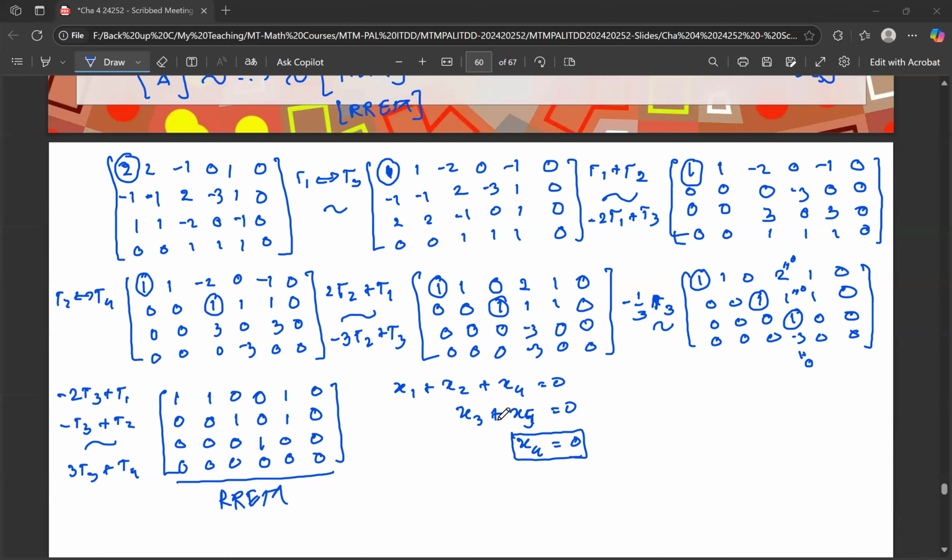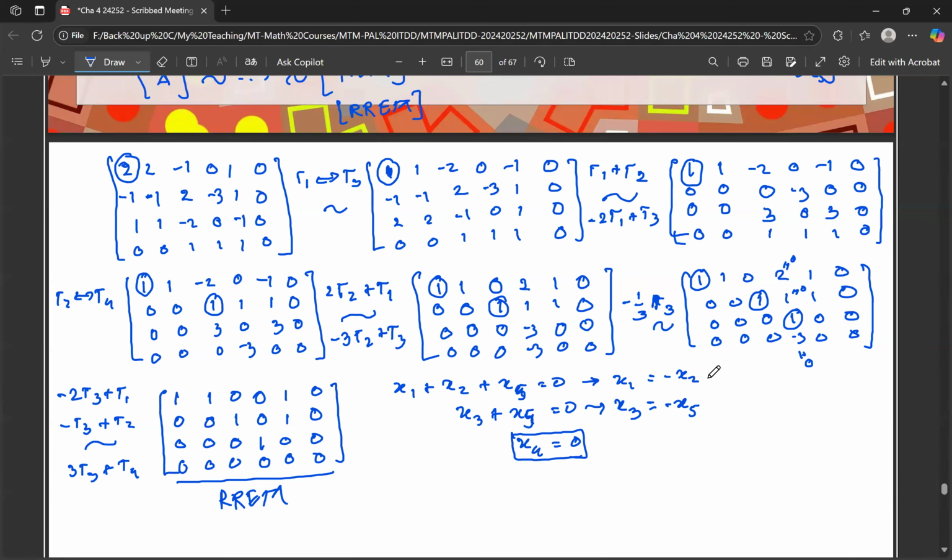In the second, we have that x3 is minus x4 minus x5. Sorry, this is x5 also. And in the first, we have x1 will be minus x2 minus x5.